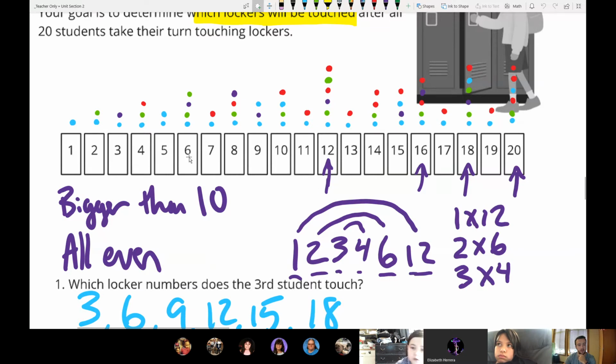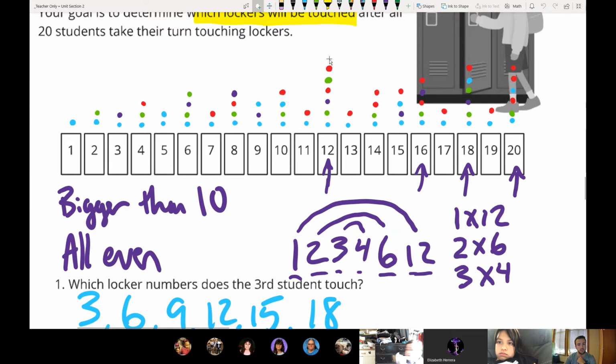The second student skip counted by 2, so 2, 4, 6, 8, 10, 12, landed on 12. The third student started at 3, skip counted by 3s and went 3, 6, 9, 12, and landed on 12. Fourth student, 4, 8, 12. Sixth student, 6, 12. And the 12th student, of course, started on 12, so they touched it then.